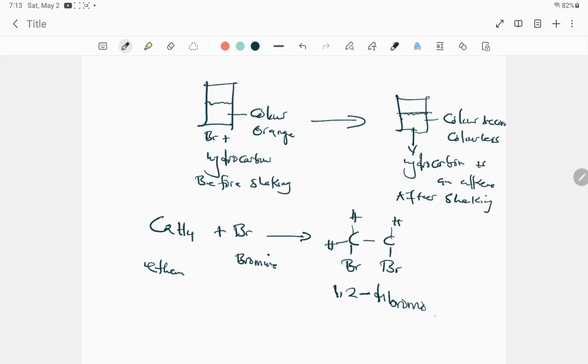Then, since we're looking at the alkane part, it becomes dibromoethane. That is the name, and that is how the reaction takes place.